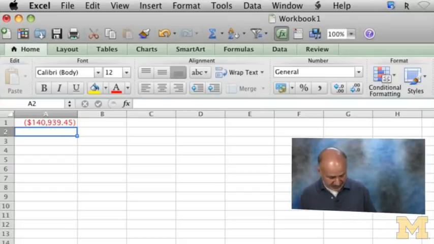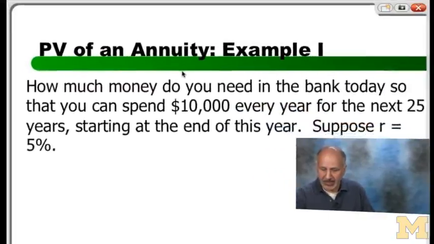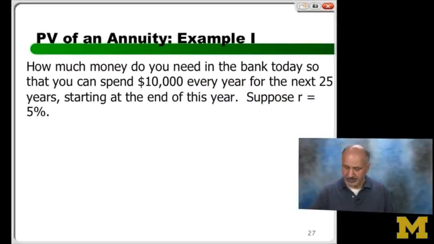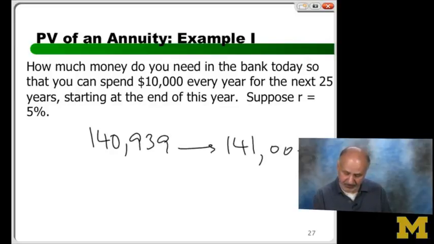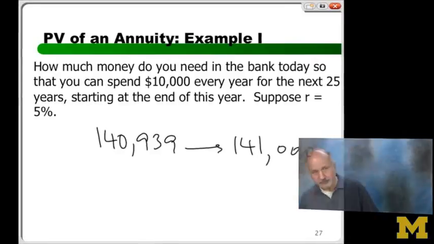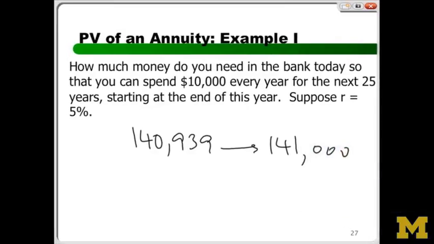So let me go back to the problem and tell you what's going on. So I need in the bank 140,939, and let me just for convenience call it $141,000, right? So let me ask you this.